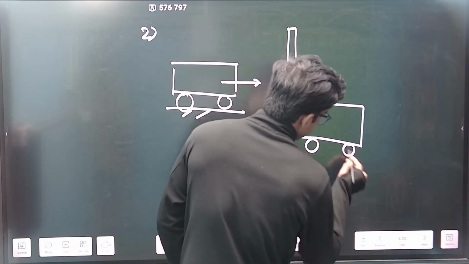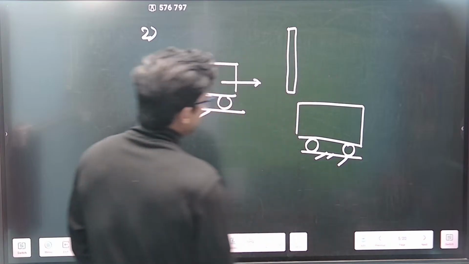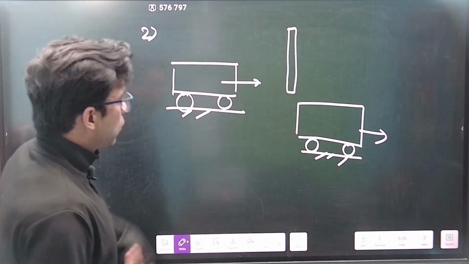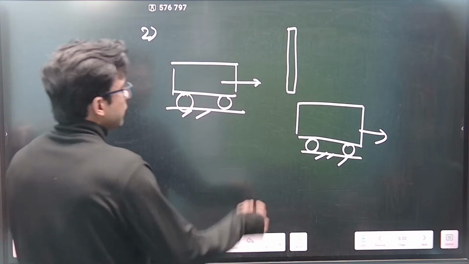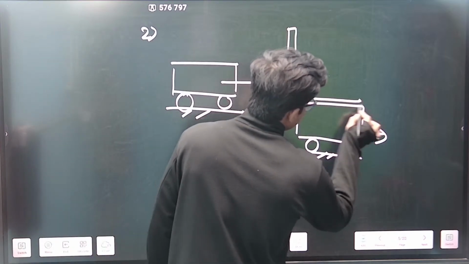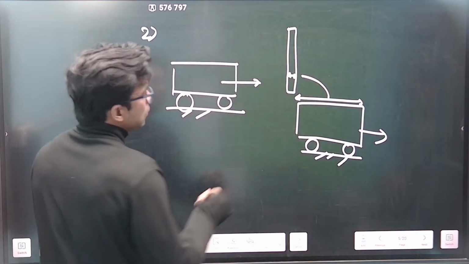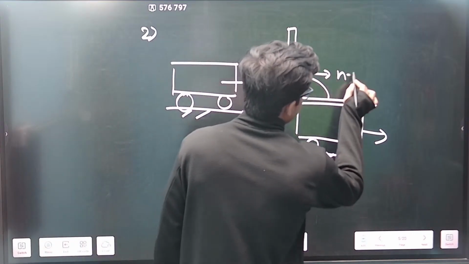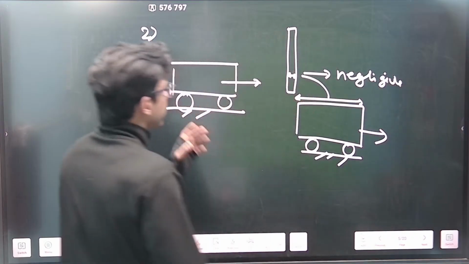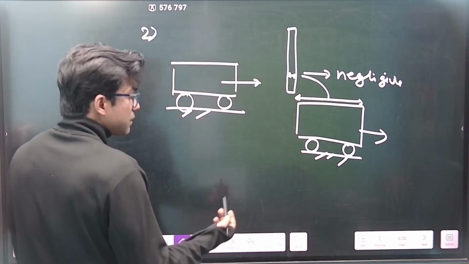Isn't it? Yes? So basically now you can see that the train is crossing its own length, not the pole length, because with respect to this whole part, the pole part is negligible. So whenever train crosses a pole, train crosses its own length.